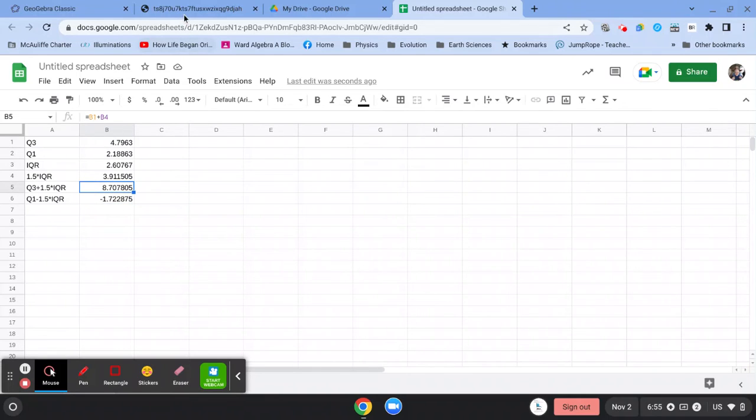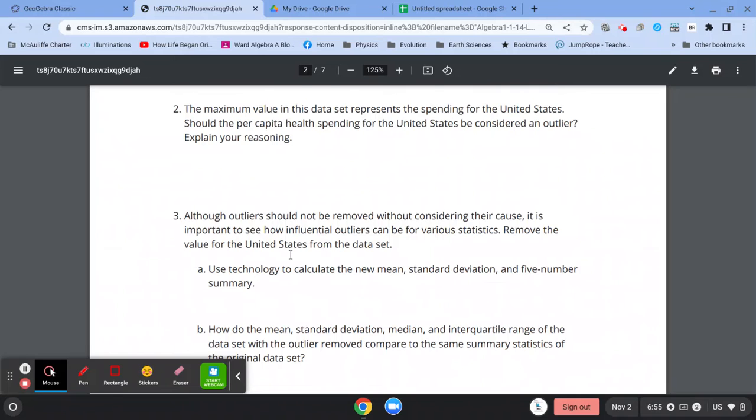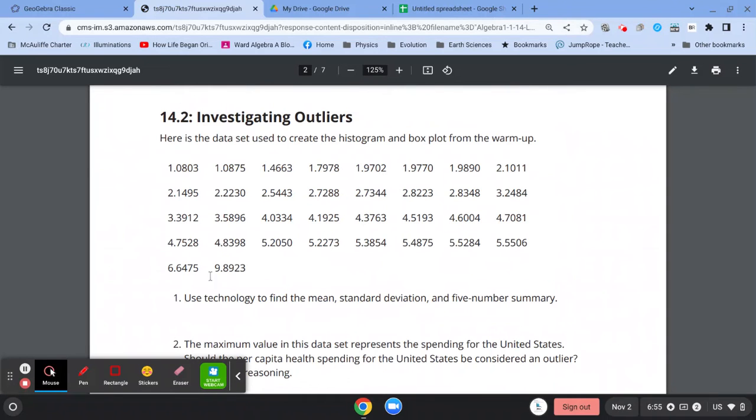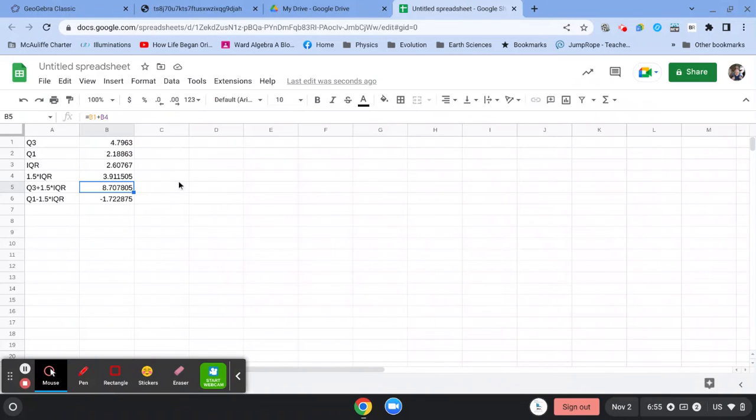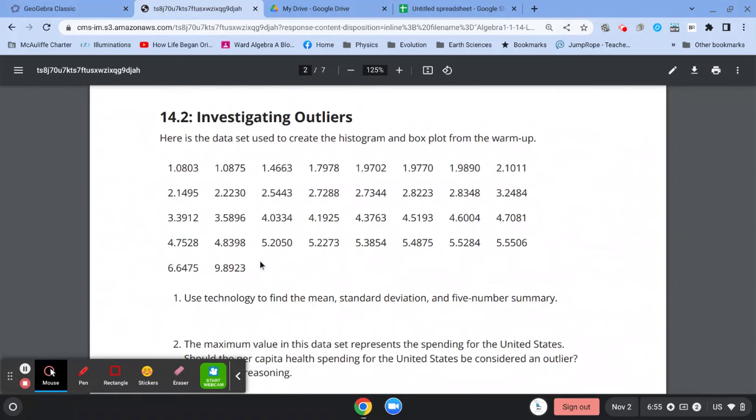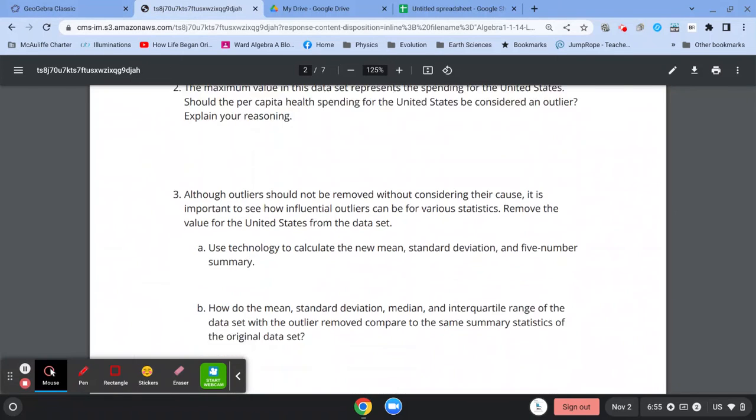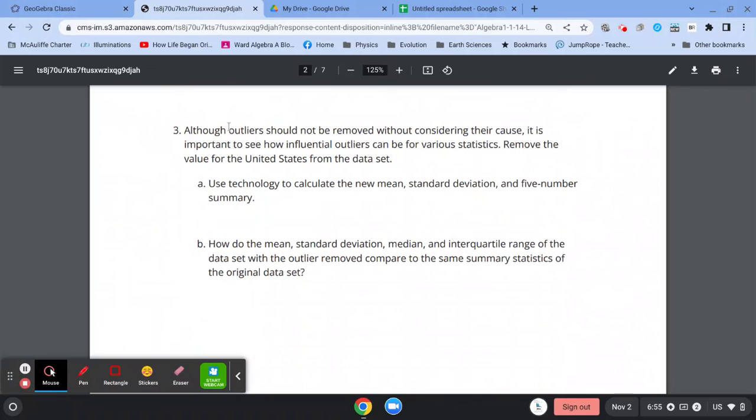Well, if you recall, the United States was here at 9.823. So we're definitely beyond the 1.5. So we should be thinking about whether or not that is an outlier. Okay, so although outliers should not be removed without considering their cause, it's important to see how influential outliers can be for various statistics.